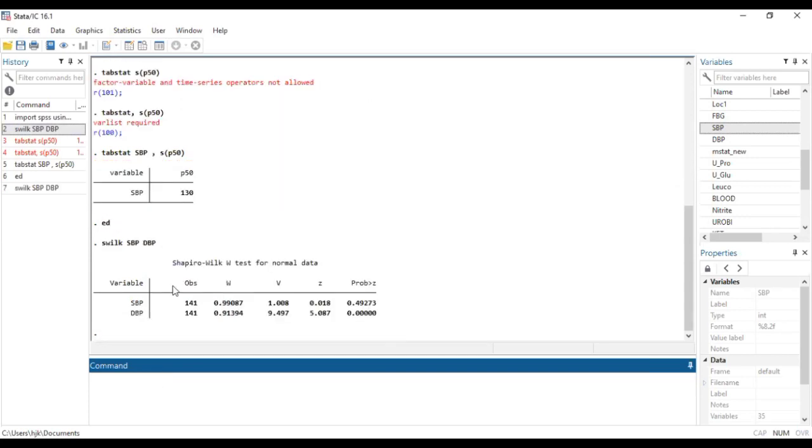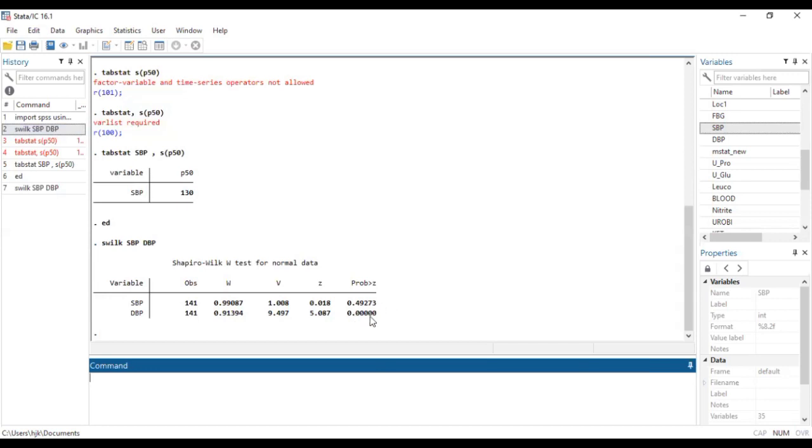So we run the normality test, and then it tells us that SBP is normally distributed because the p-value is not statistically significant. So we fail to reject the null hypothesis, which says that it is not different from a normally distributed data.